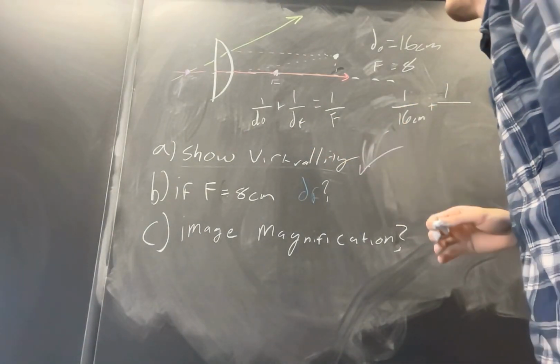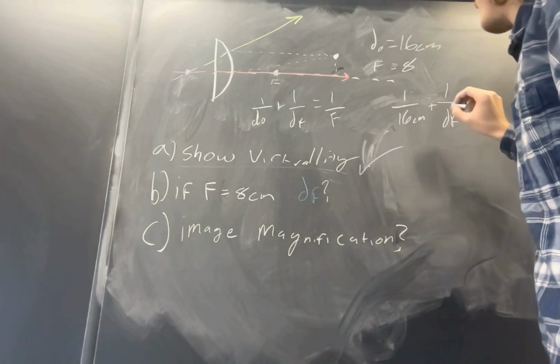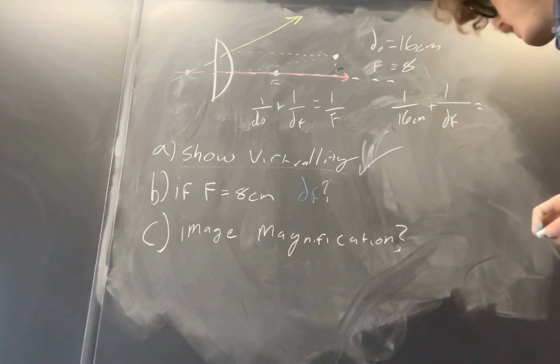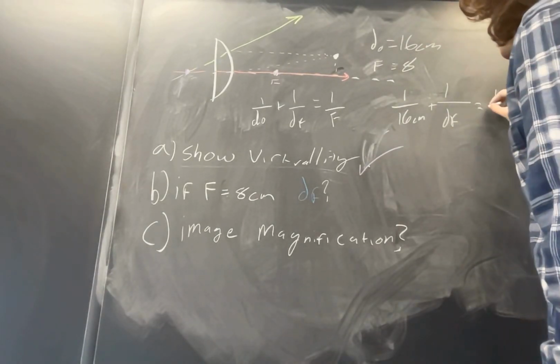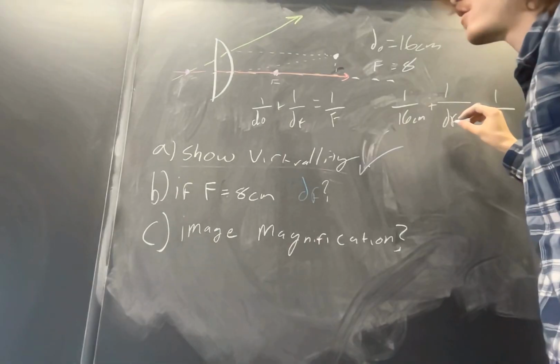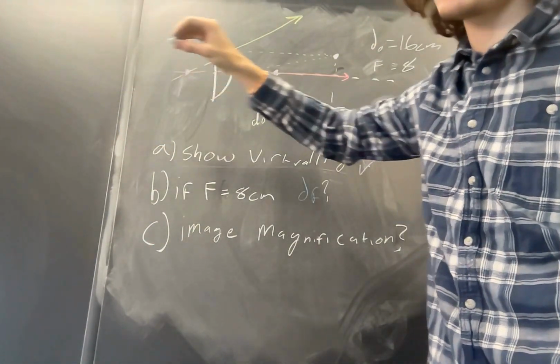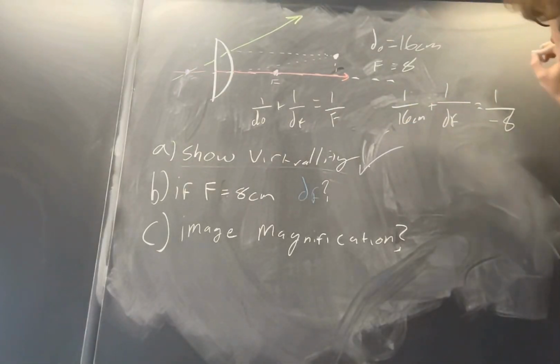The distance of the virtual image, we don't know. That's what we want to find out. And the focal point is 8 centimeters, but in this case, notice the rays are converging to a point behind the mirror, so the focal point is really -8 centimeters.